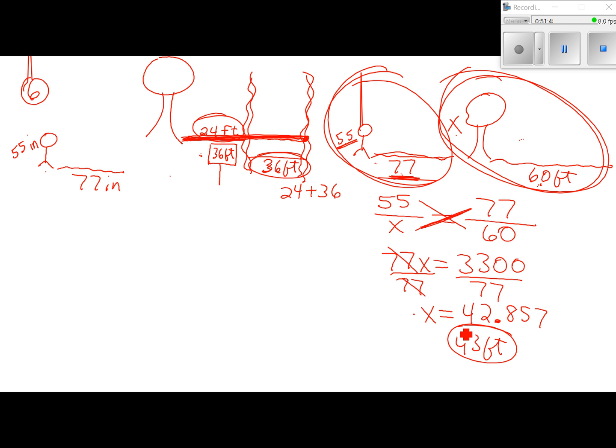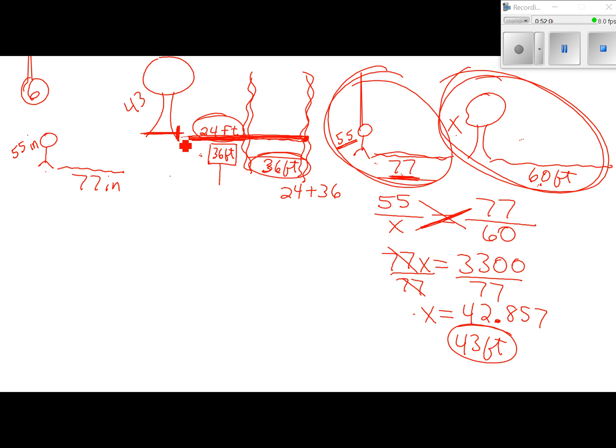The second part said if they chop down the tree, would it be long enough to reach across the chasm? So if this tree is 43 feet tall, and they chop it down right here where it's at, is it going to be long enough to reach to the other side of the chasm?